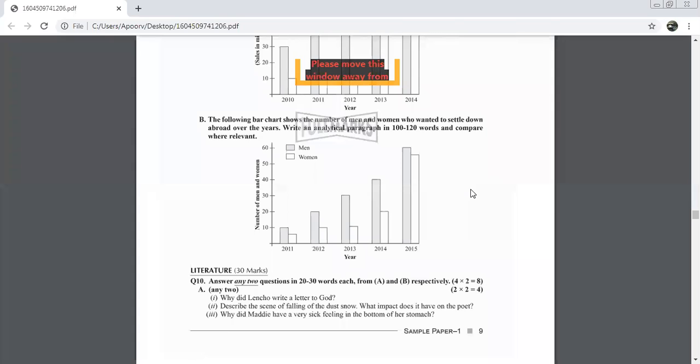Can we start, beta? Who will give the introduction? Utkarsh, you raise your hand first, beta. Start. Utkarsh, beta, start with the introduction, my child.